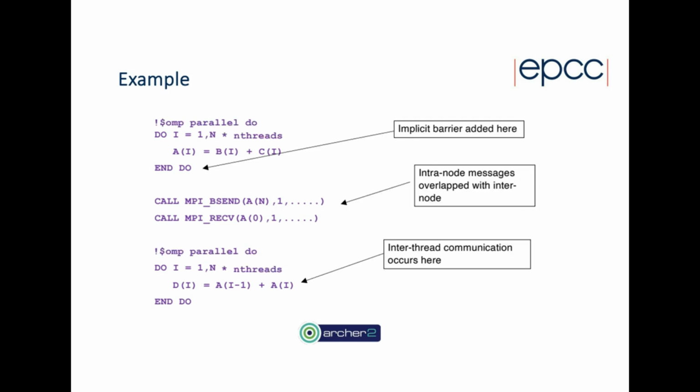Okay, so let's turn that into a hybrid program by adding the OpenMP directives, just OMP parallel do, to each of the loops. But we're going to keep the global problem size constant. What effectively that means is that the length of the loops that each MPI process is going to do will increase by the number of threads.